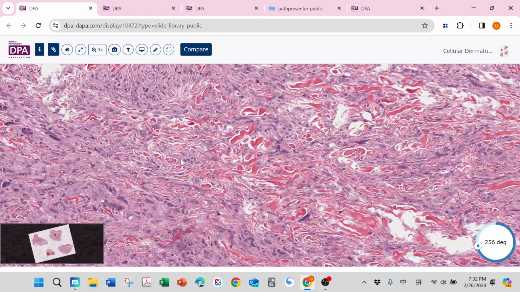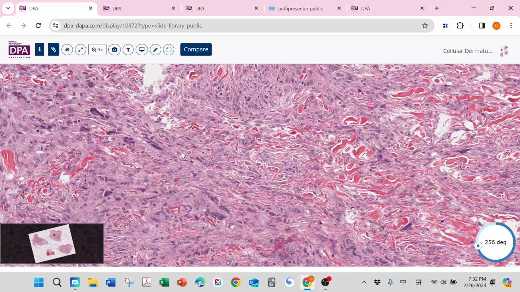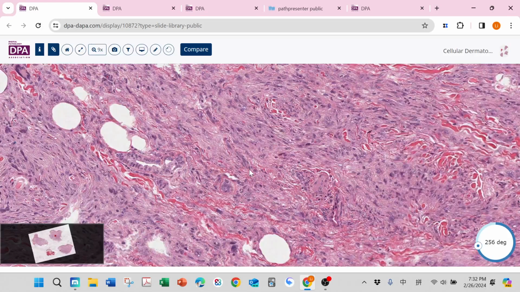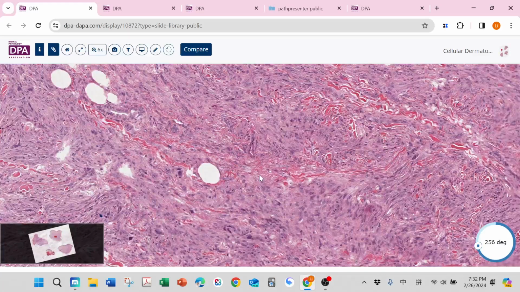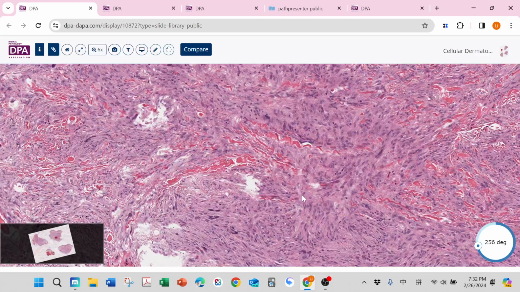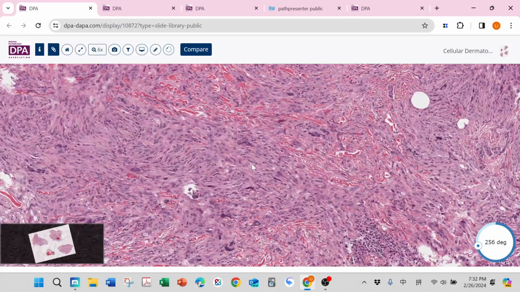I will talk about dermatofibrosarcoma protuberans, DFSP, later. You can see how monotonous those cells are. So even with hypercellularity, there are bland-looking cells with collagen trapping. When you do CD34, this lesion would be negative.